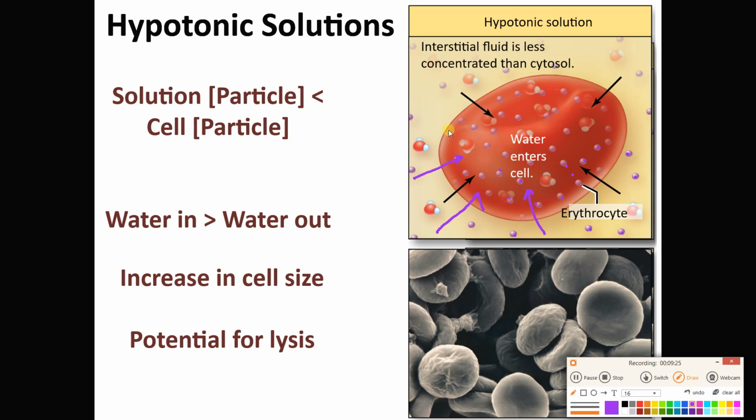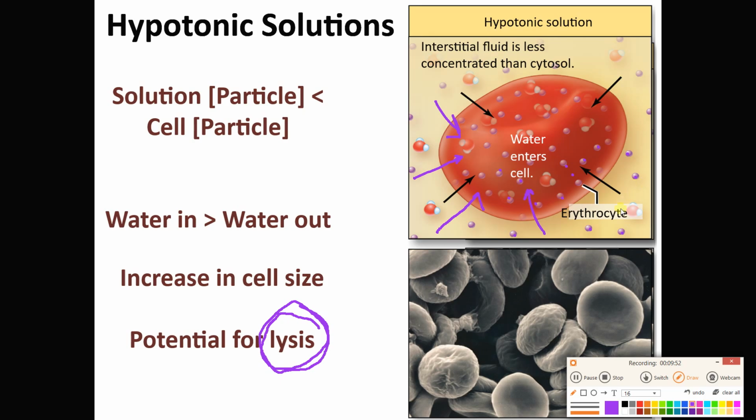This is going to cause the cell to increase in size, and potentially, lysis could happen. Lysis is cellular bursting. So much water could come in that the cell explodes. That's what's going on in a hypotonic solution.